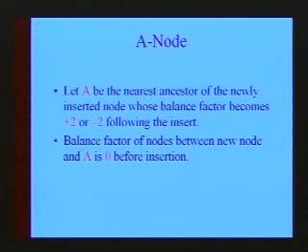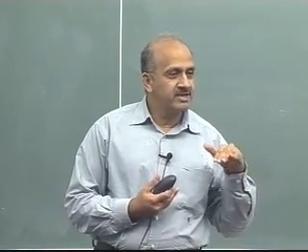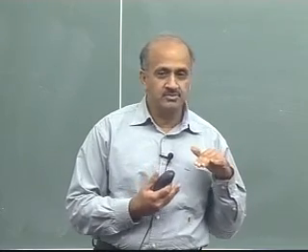All right. Something to observe is that if you look at the nodes between the A node and the newly inserted node, the pink node, then prior to the insertion, all of those nodes must have had a balance factor that is 0. To see that, suppose somebody on that path had a balance factor that was 1. Then on your way back, you'd either change the 1 to a 2 or a 0.